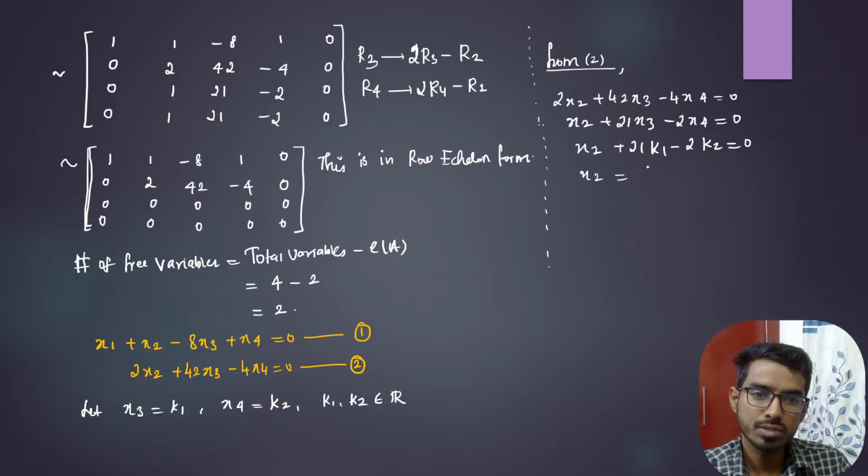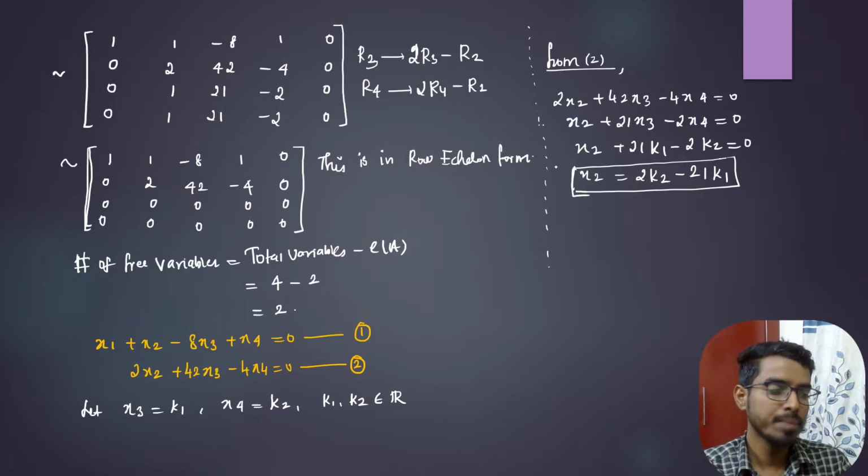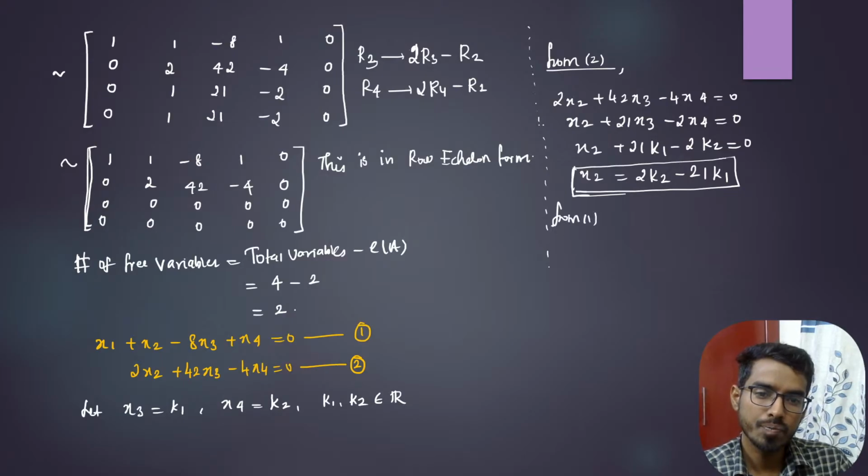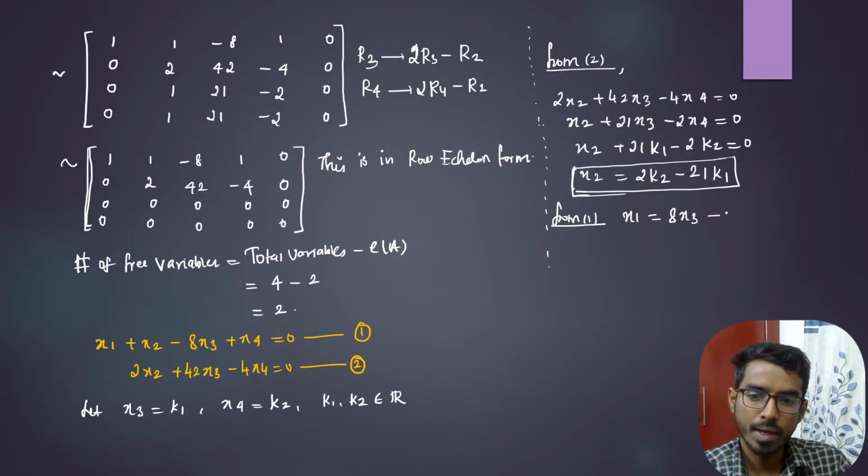So x2 is 2k2 minus 21k1. This is the x2 solution, right? x2 is 2 times k2 minus 21k1. Okay. And from 1 we have x1 is equal to 8x3 minus x2 minus x4.